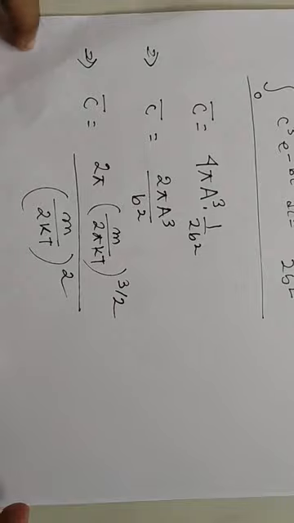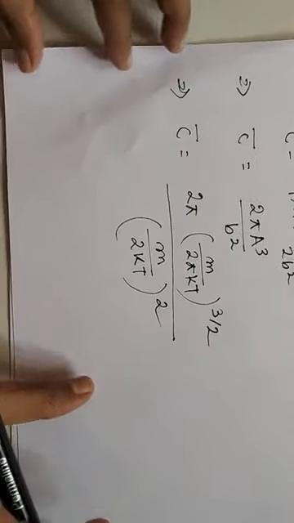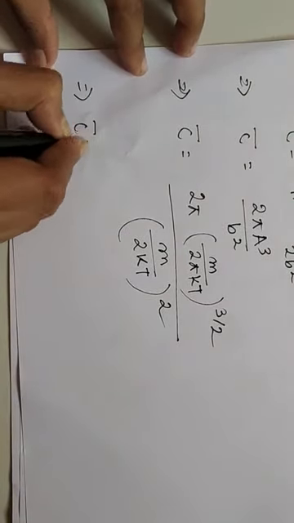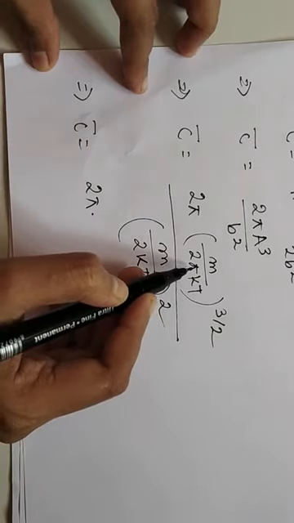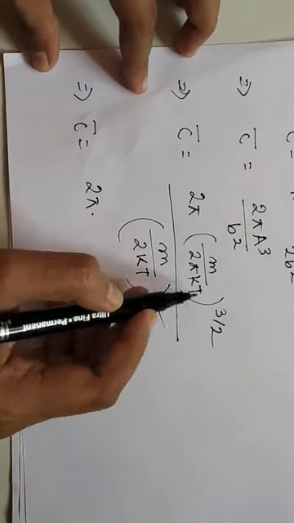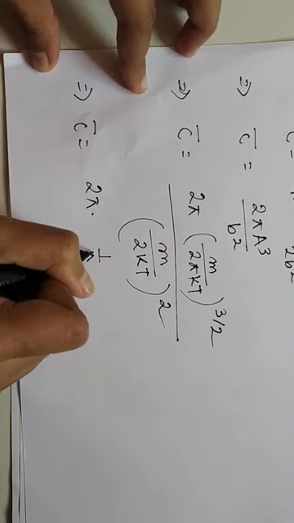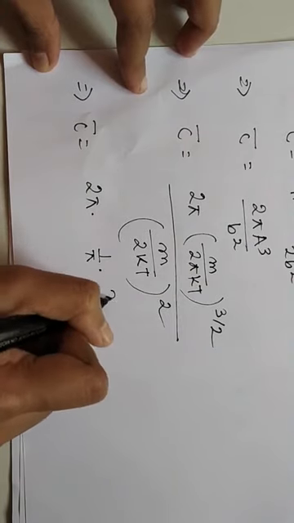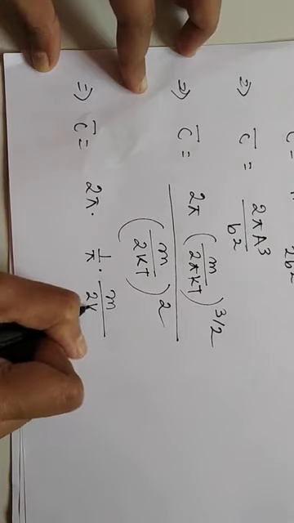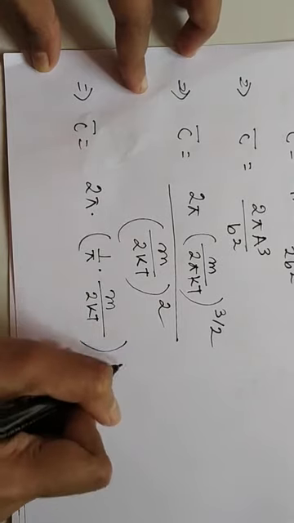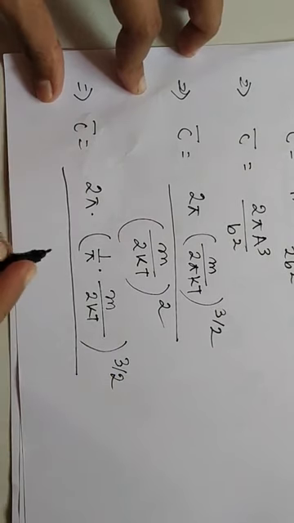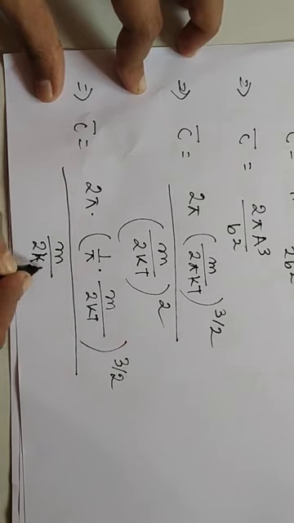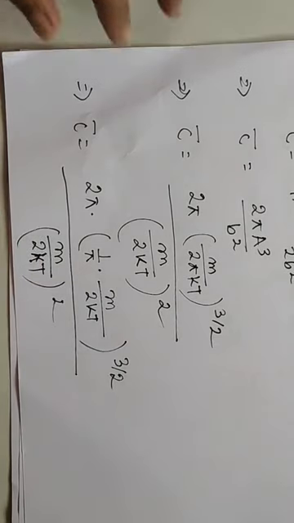Now what we'll do, so we have 2 pi, and here we'll separate 1 by pi and m by 2kT, and we'll write it like this: 1 by pi into (m by 2kT) whole to the power 3 by 2, divided by, in the denominator, (m by 2kT) whole square.